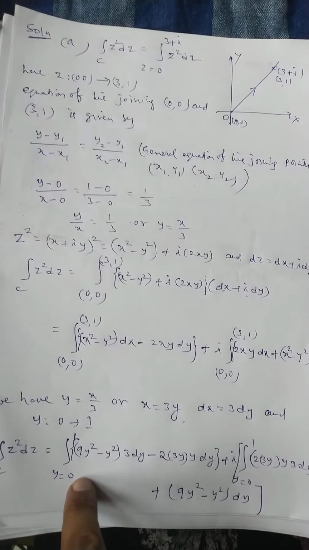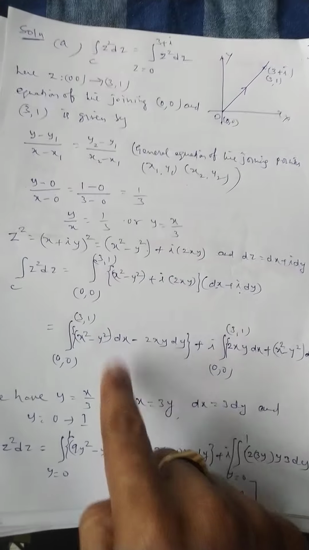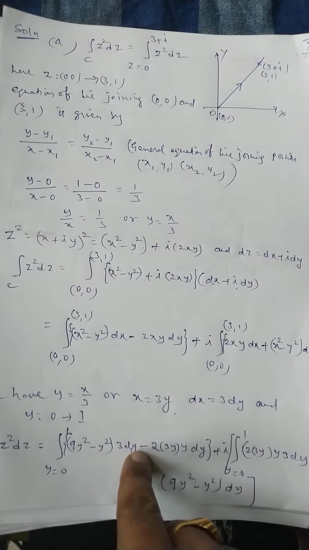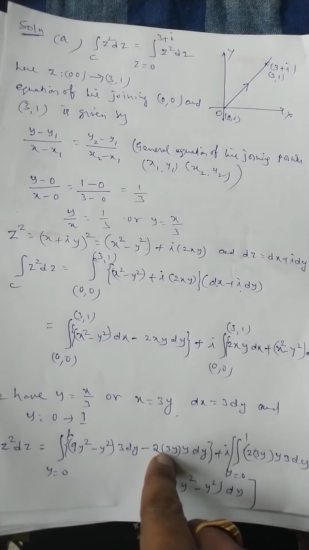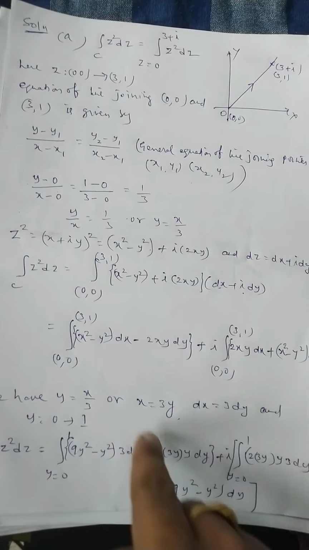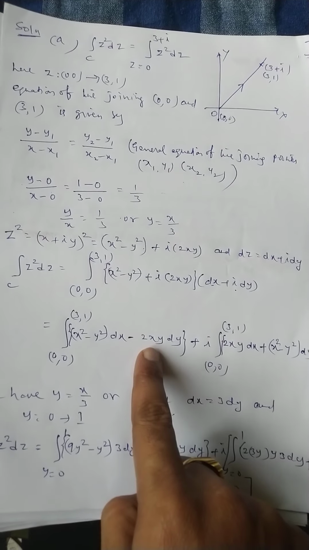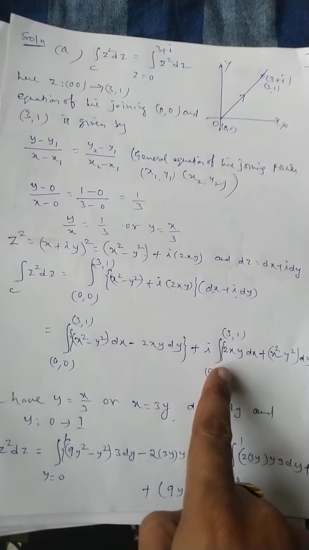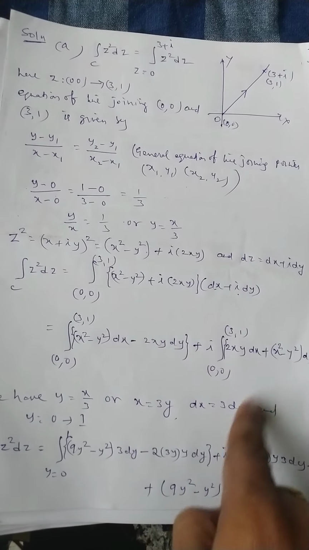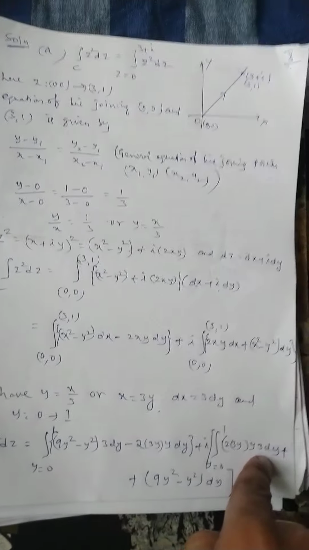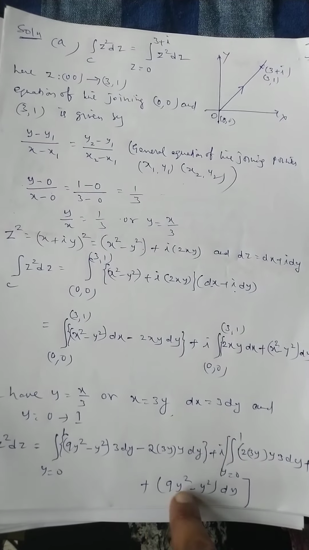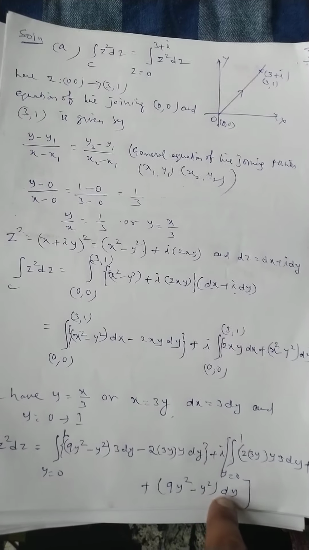Let us substitute into the integral over c of z square dz. With y varying from 0 to 1, x square minus y square becomes 9y square minus y square, times 3 dy, minus 2 into 3y into y dy, plus i times 2 into 3y into y times 3 dy plus (9y square minus y square) dy.